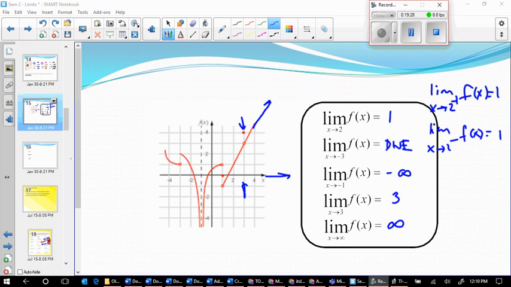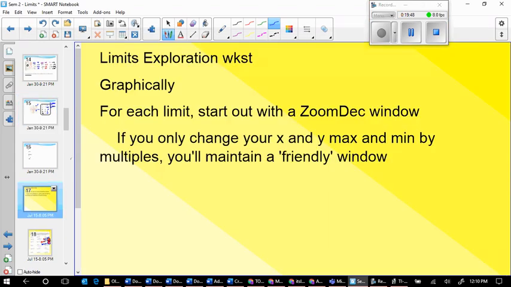Now, given use of a calculator, ultimately looking at things graphically is probably going to be often the easiest way of approaching something, although looking at the numbers on a table is also going to be useful for anything that isn't an easy number to see.